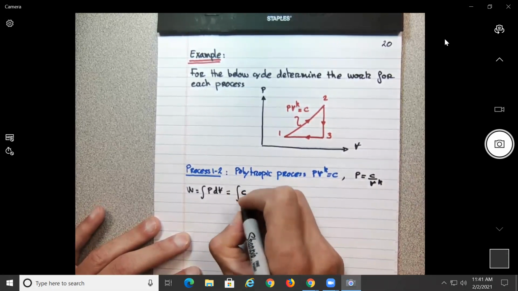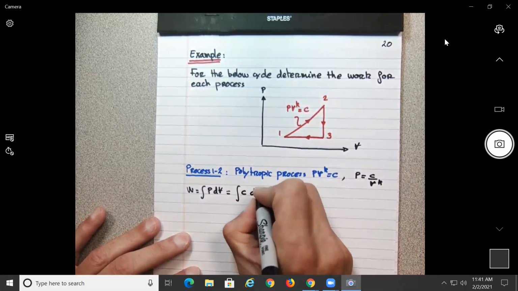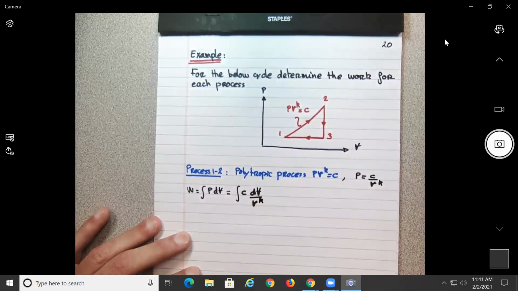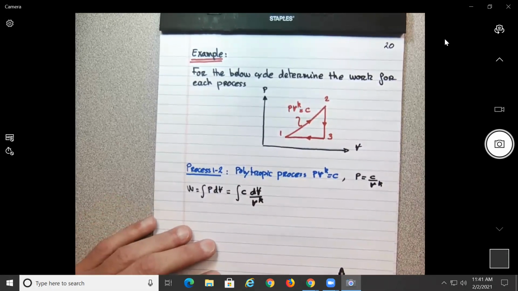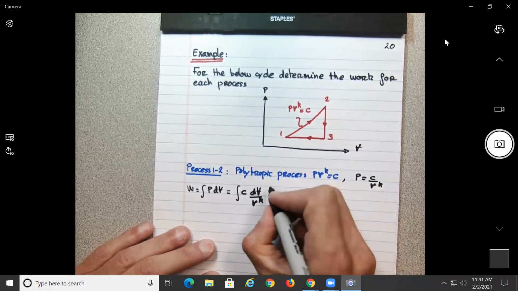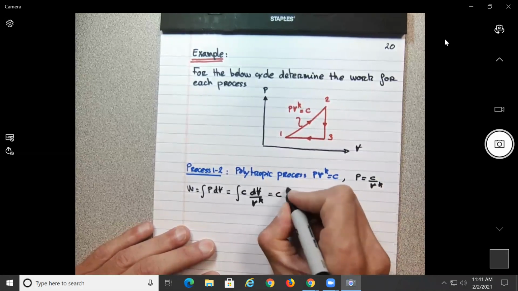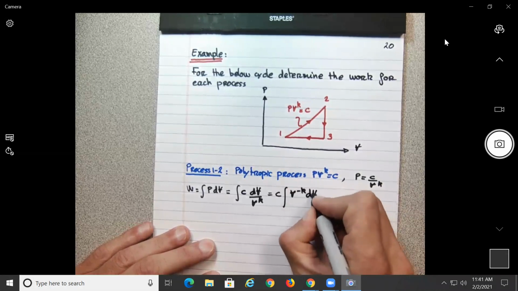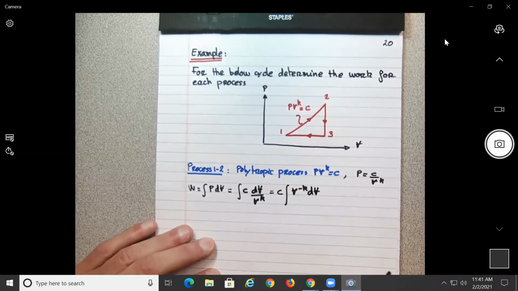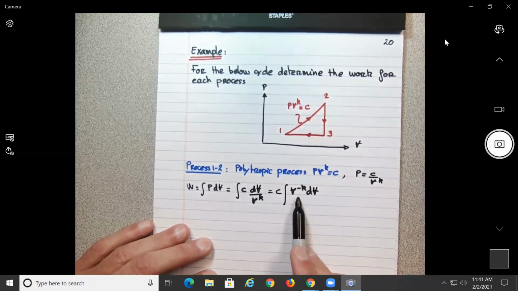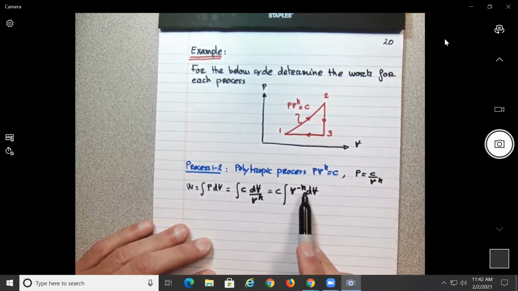Integral of C dV over V to the K. Now that's the one of the other day. So let's do it a little bit different. This is actually the longest one. So this will be C integral of V to the minus K dV. If I keep it the other form, generally you have a problem. What is the integral of x squared? You do x to the 2 plus 1, so it's x cubed divided by 3.